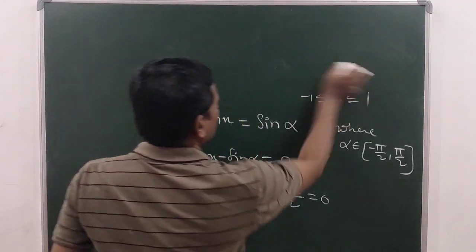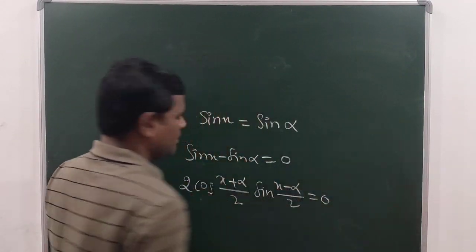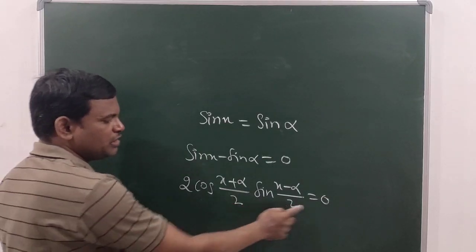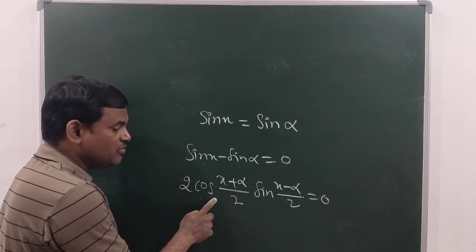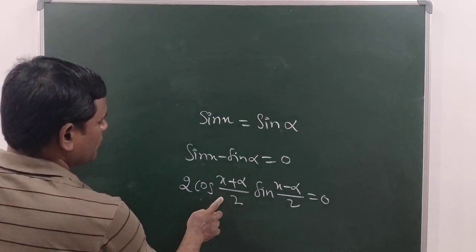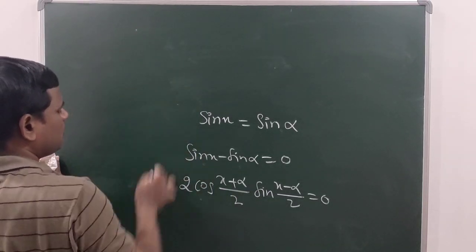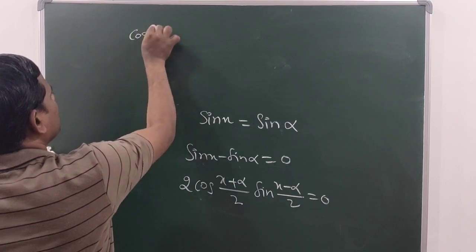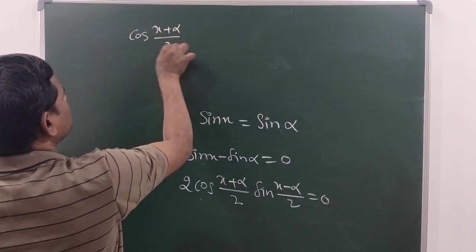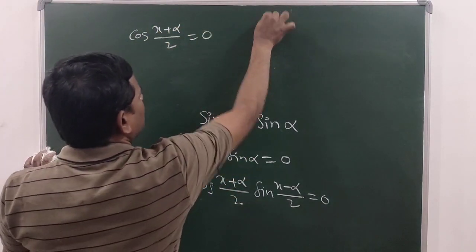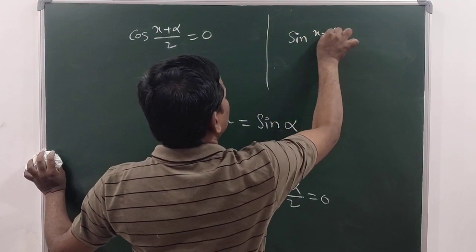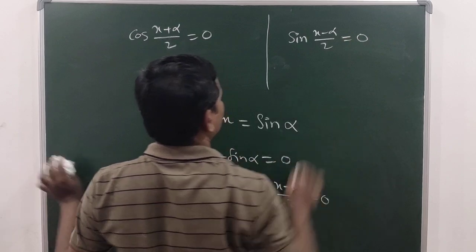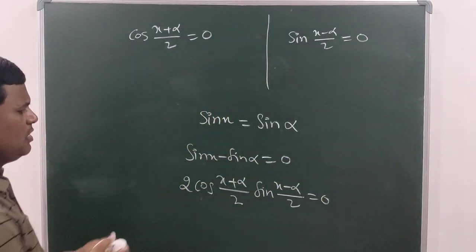See here, the product of these two things equal to 0 means either you can equate this one to 0 or this one to 0. When you equate this one to 0, cos of (x plus alpha) by 2 is equal to 0. And this one, sin of (x minus alpha) by 2 is equal to 0.